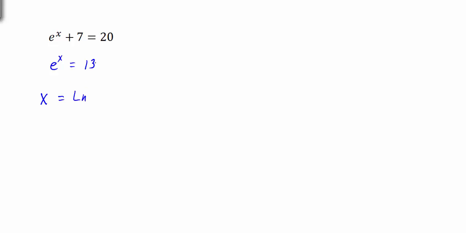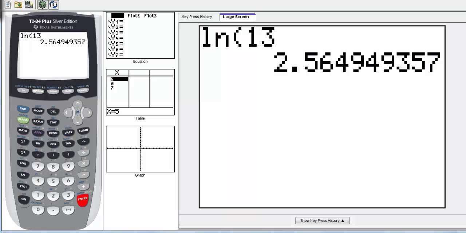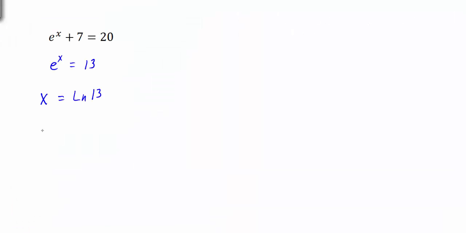So we have the natural log of 13. And then at this point, all we have to do is take the natural log of 13. So if you go to the calculator, we can take the natural log of 13 and we get approximately 2.56.